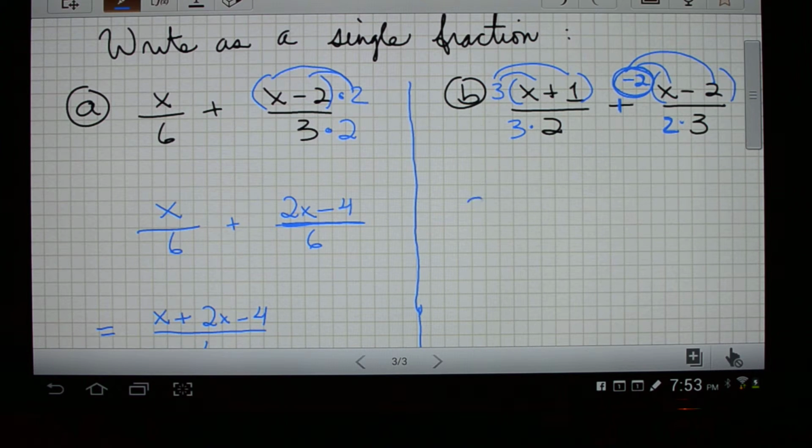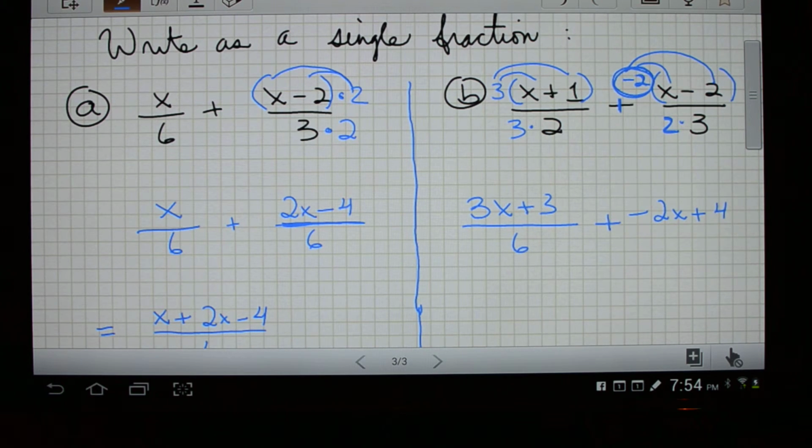We have 3x plus 3 on the left hand side, over 6 plus -2 times x. This is -2x, and then -2 times -2 winds up being a +4.